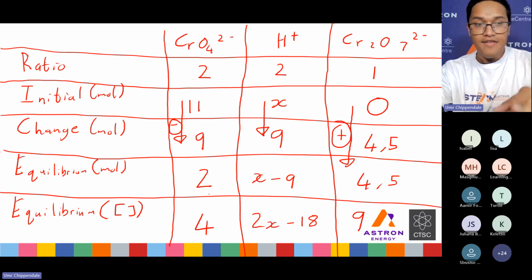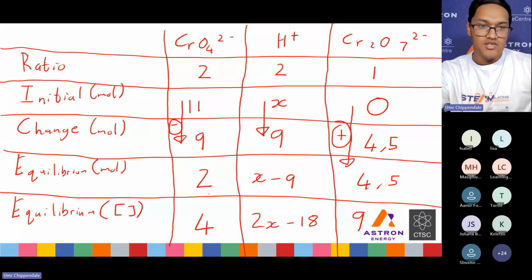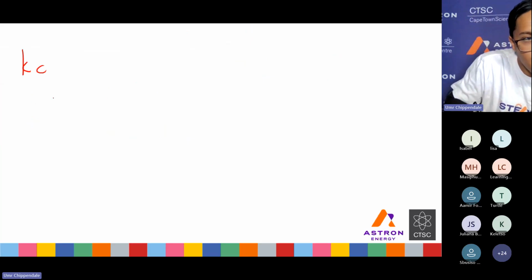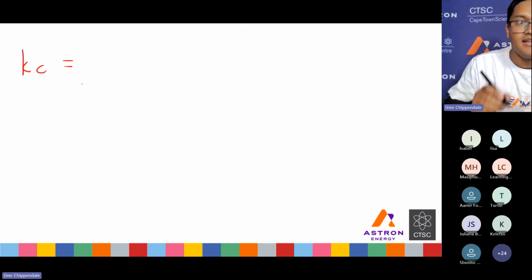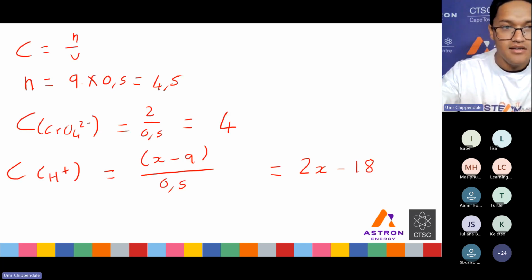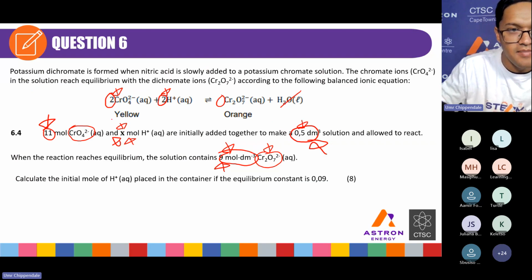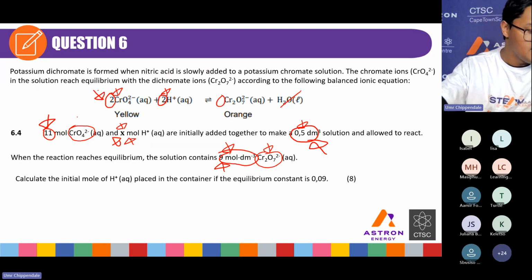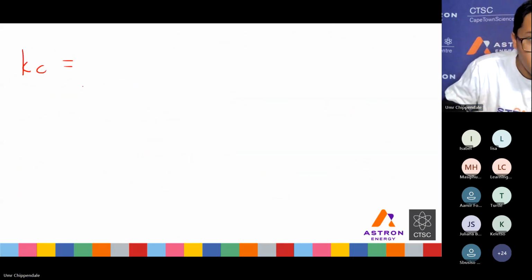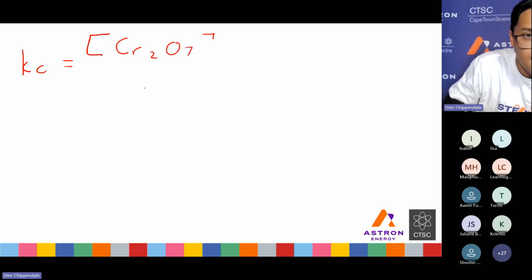Now, having this, we can plug it into our Kc expression. Now remember, when it comes to your Kc expression, that is always going to be your Kc equal to the concentration of your products divided by the concentration of your reactants. And then do not forget its ratios, basically its coefficients. Remember the coefficients, there's a lot of arrows on the slide, but this coefficient becomes the exponent. So writing all of that down, this is how your Kc expression should look. Cr2O7 2 minus within the bracket still.